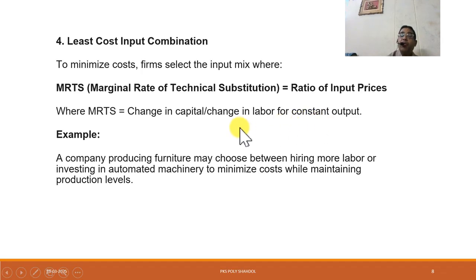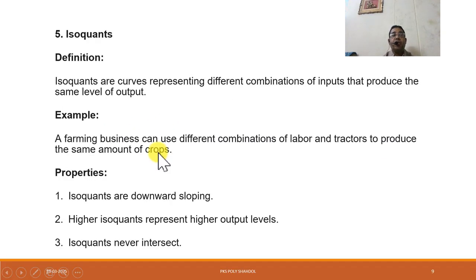Therefore the companies decide how much marginal cost to change so that our output is changed. So this is the marginal rate of technical substitution. Technical substitution means the machine is the technical substitution in case of labor, in spite of human involvement. So this is the least cost input combination.